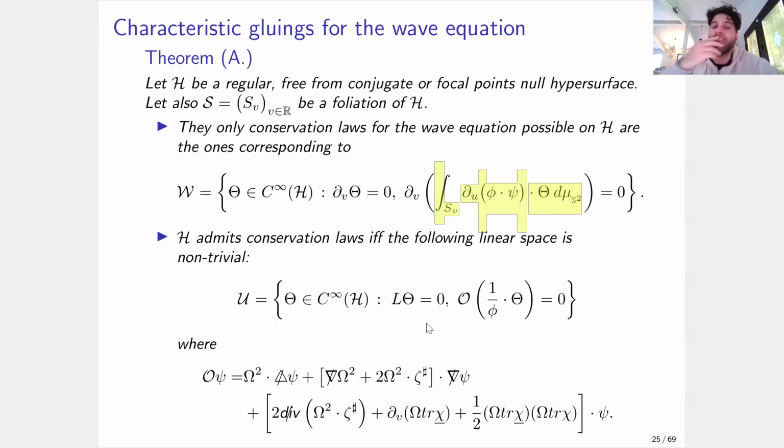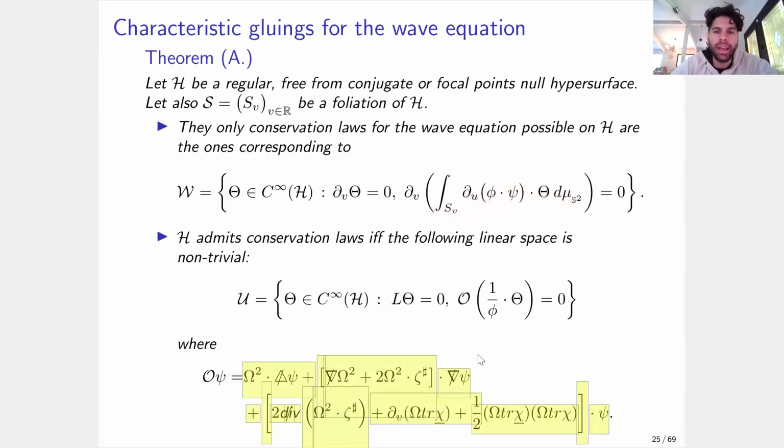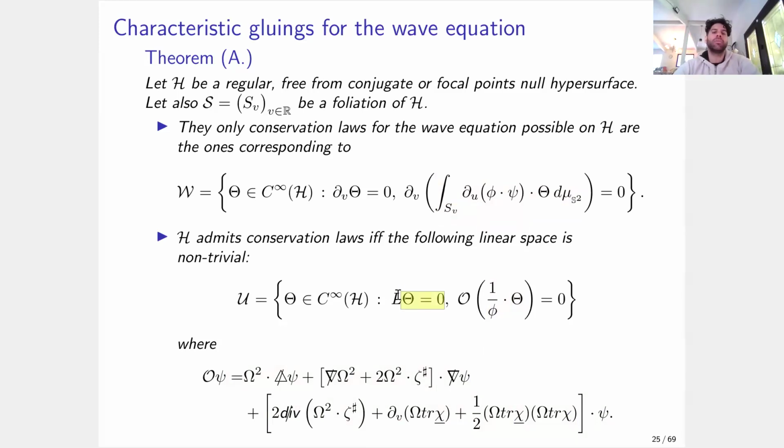And the conservation laws exist if and only if this guy here, which is the kernel of the adjoint of the elliptic operator, has a kernel of this form: 1 over the conformal factor times a function that is independent of the section. This L is the dv derivative. It tells you that this phi is the same function over all sections.